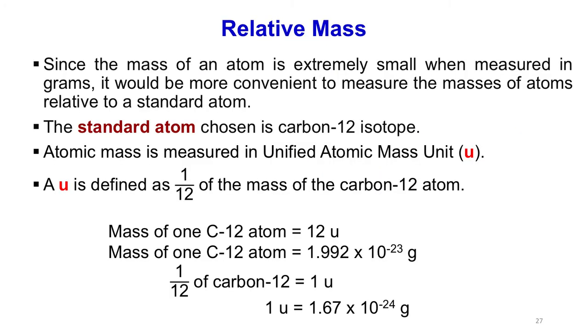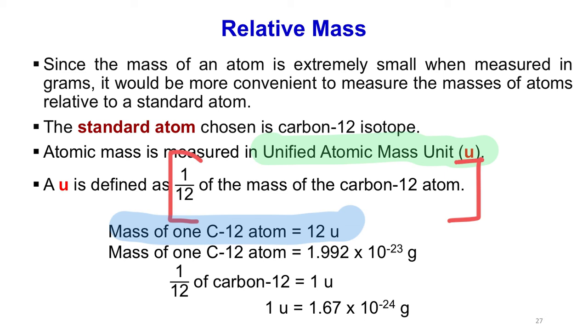In order to relate atomic mass with standard measurement, the carbon-12 isotope has been chosen as the standard atom. According to the unified atomic mass unit, U is defined as 1/12 of the mass of the carbon-12 atom, meaning the mass of one carbon-12 atom is 12 U, and the mass of one carbon-12 atom in grams is 1.992 × 10^-23.